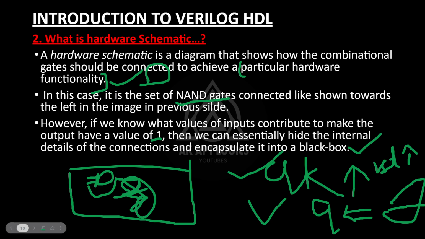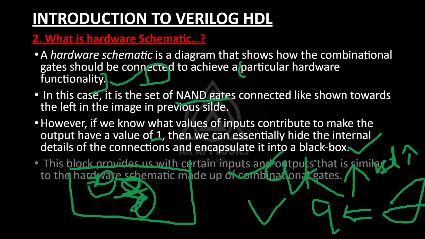This type of detail you don't need if you have the functionality. So that's the point. This block provides certain inputs and outputs, similar to the hardware schematic made for combinational logic circuits.